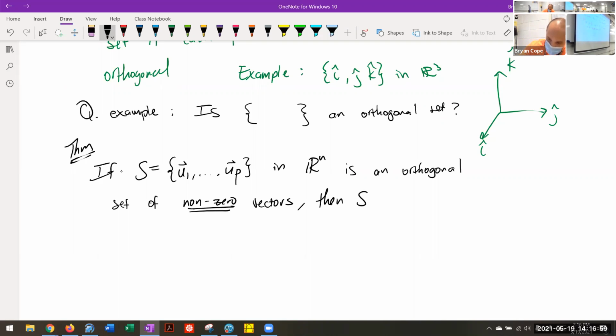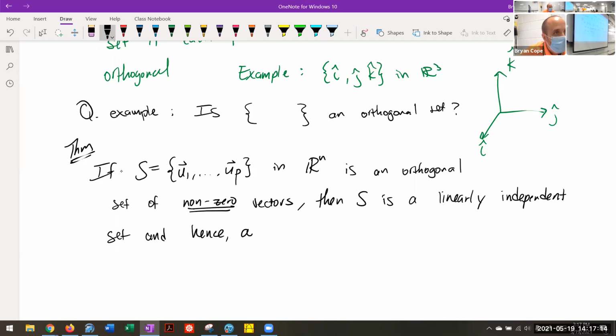Then S is a linearly independent set, and hence a what? Can you guess? Invertible. Good.